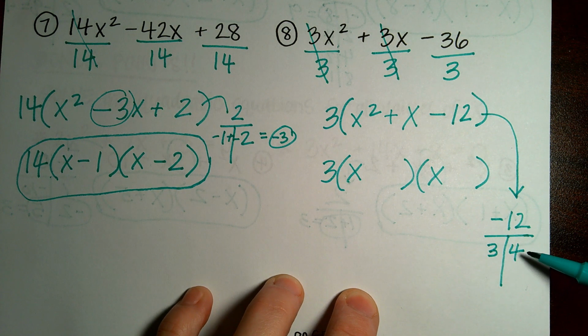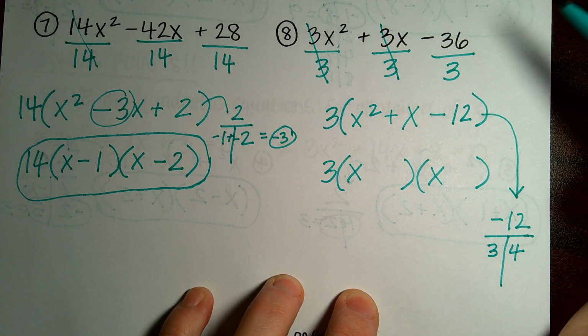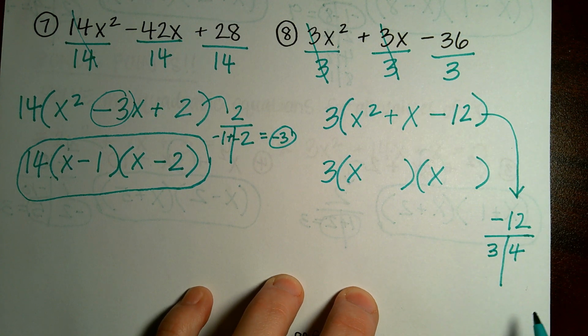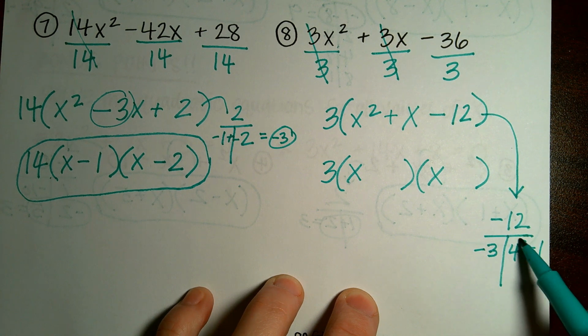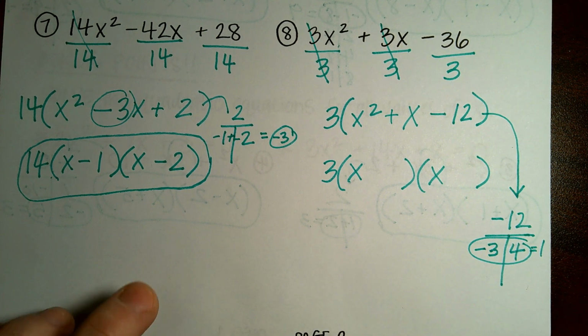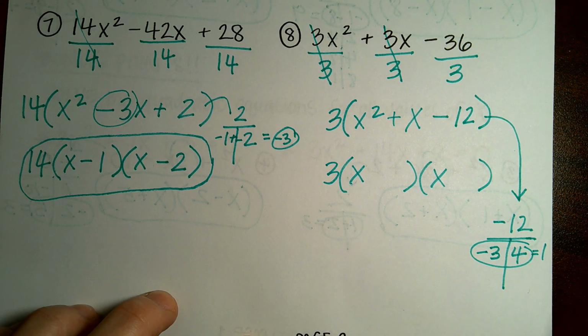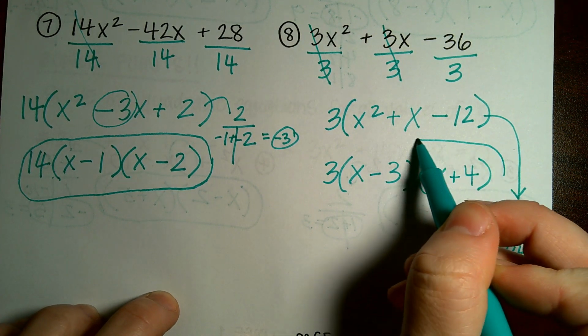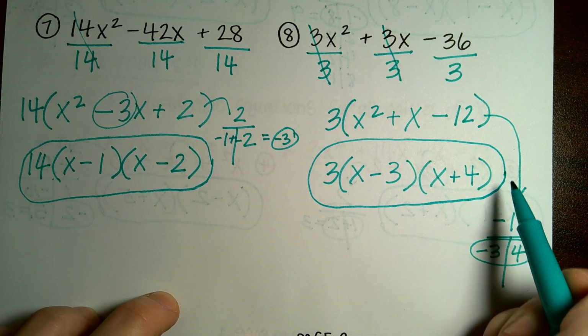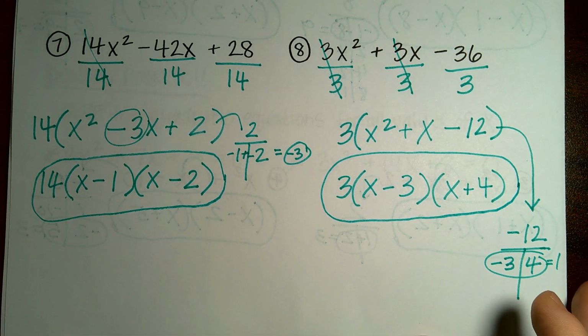If I want these to add together to get +1, which number should I make negative? Let's make 3 negative, because 4 plus -3 gives us +1. So what is our answer? -3 and +4 in our parentheses. And we circle that. Good.